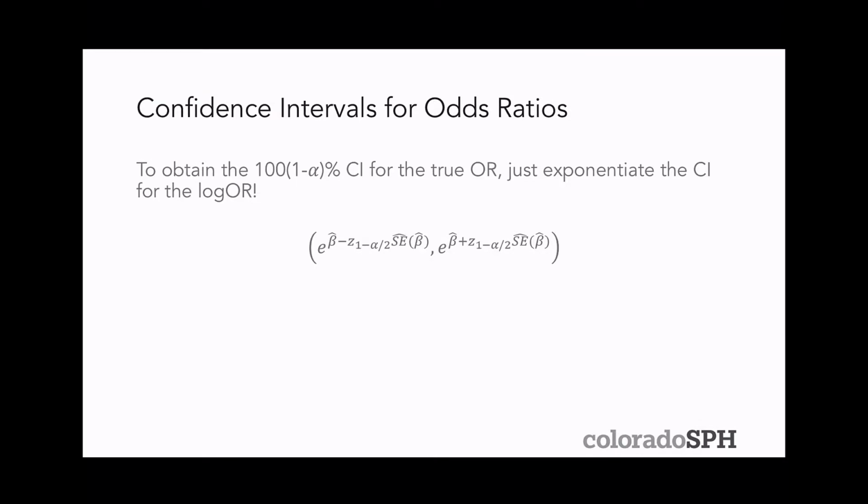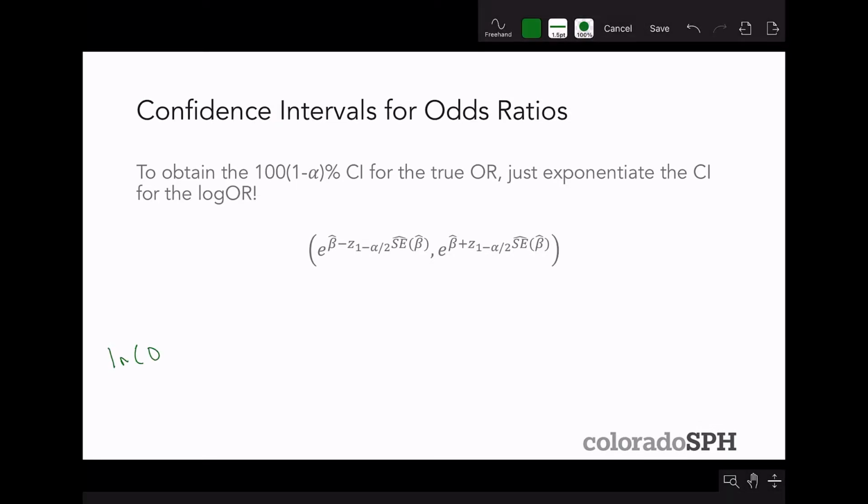But generally speaking, we interpret things in terms of the odds ratio. Luckily, to get a confidence interval for the odds ratio, all you have to do is exponentiate the confidence interval for the log odds ratio. So in this green box here, that's the lower bound for the log odds ratio. Just exponentiate that to get the lower bound for the odds ratio.